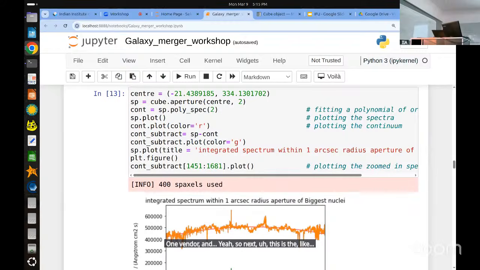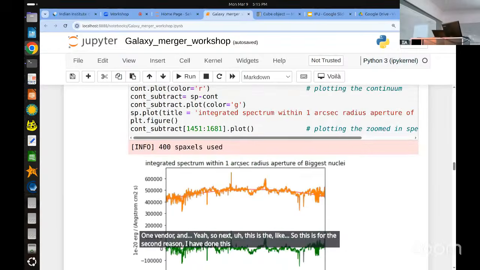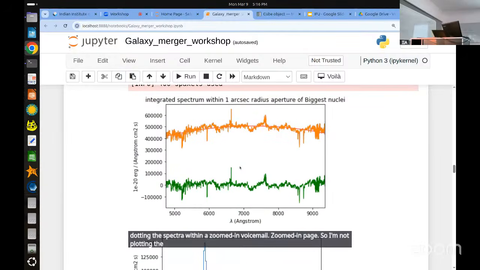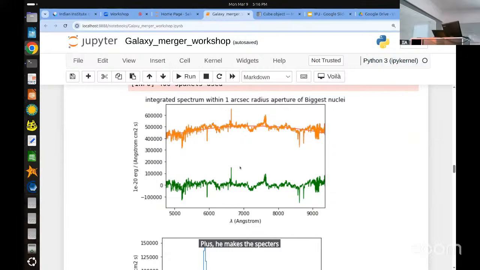So this is for the central region. I have drawn the spectra, and if you see here, the last line is the continuum subtracted range. So now I am plotting the spectra in a zoomed-in range, not the entire range. In the first image, the spectra has been plotted from 4,700 to 9,300.